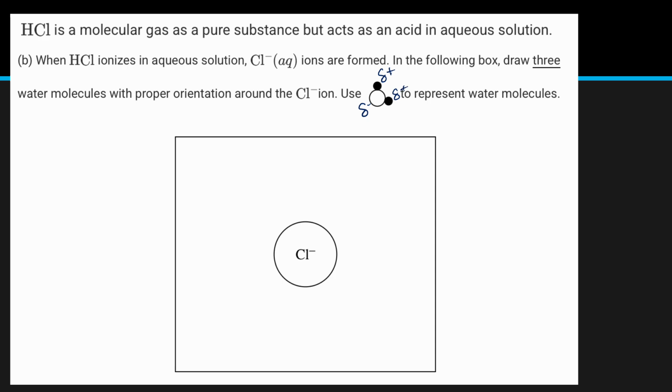So because chlorine is negatively charged, the positive end of the water molecules are going to face the chlorine ion. So it wants you to draw 3 water molecules looking something like this. And that would be your mark for this question.